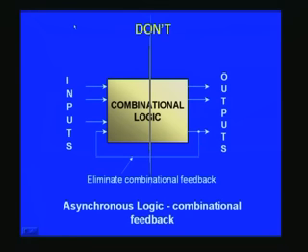It basically consists of do's and don'ts, because this is supposed to be a guideline for the designers. And the common mistake that we do is to take a combinational output and feed it back, and this is detrimental in making a chip.